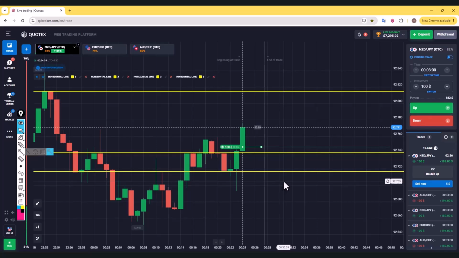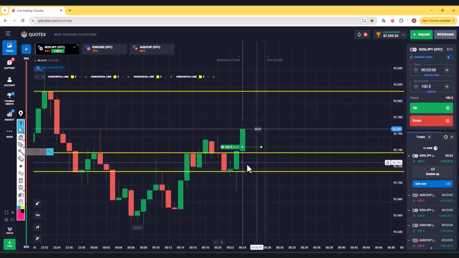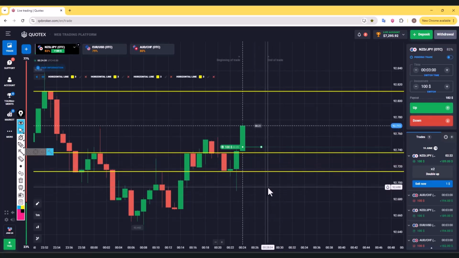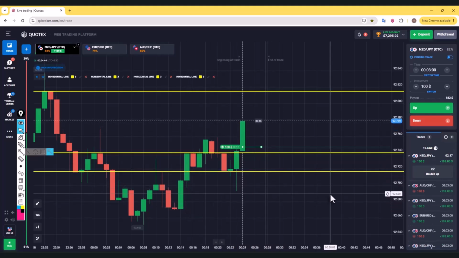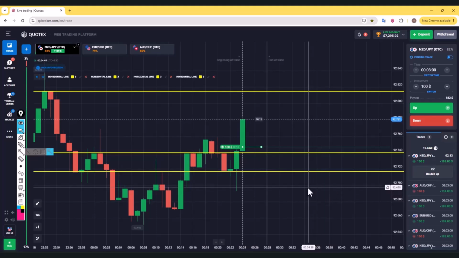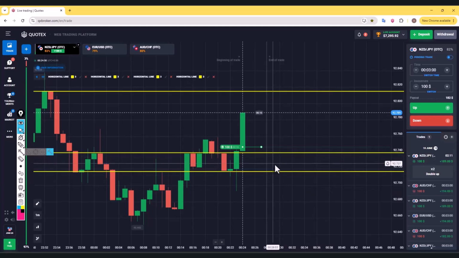As you can clearly see on the chart, a strong and decisive green candle has formed right here. After hitting this key support level, if you take a look at the overall trend, there is a clear upward trend developing here. The price action is showing strength and looks ready to continue its move higher from here.